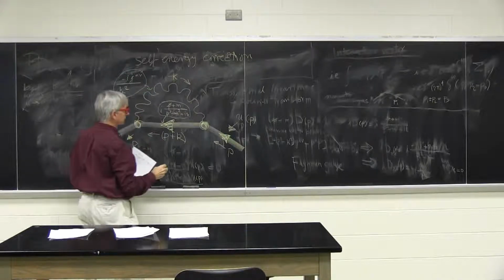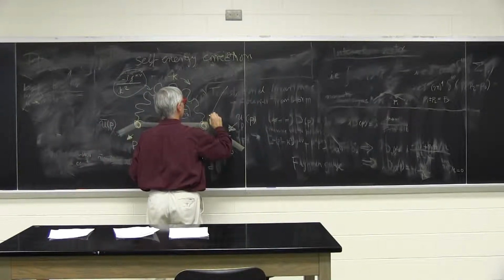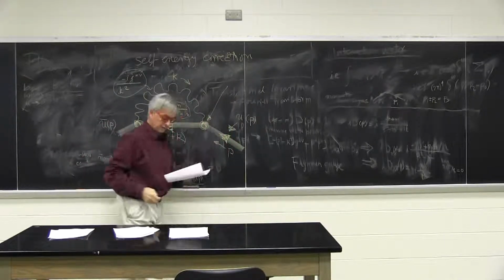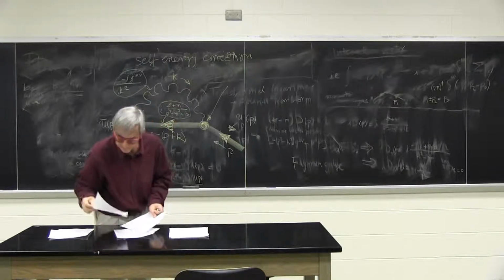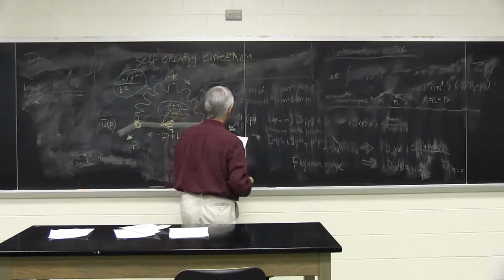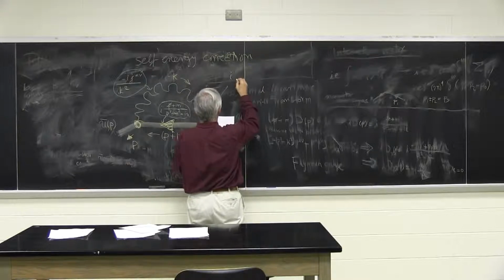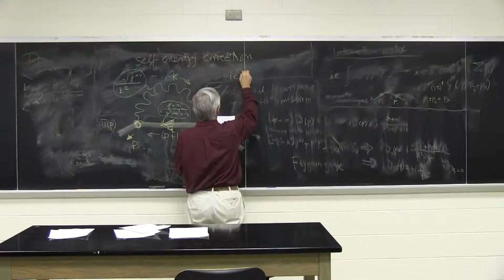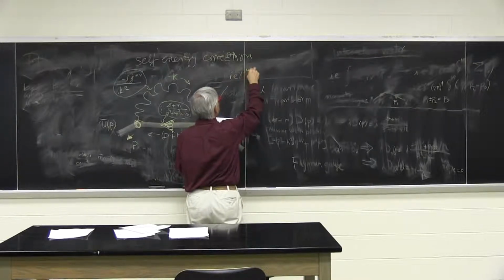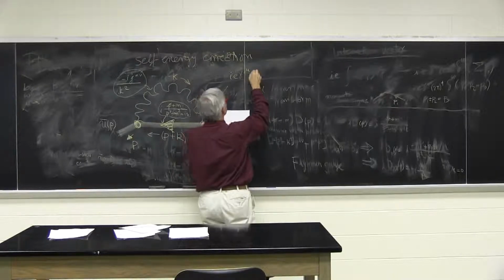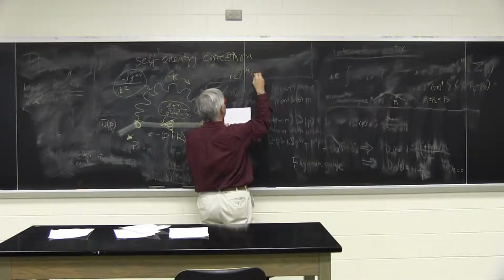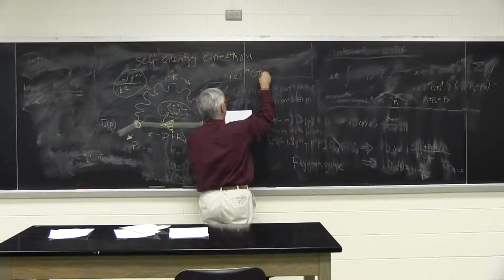And then we'll have two vertices, and according to our rule, the vertex is i e gamma mu. That's a matrix that couples three representations of the Minkowski group.